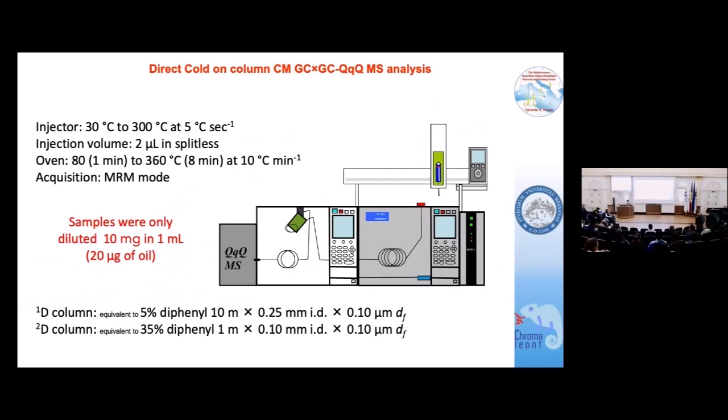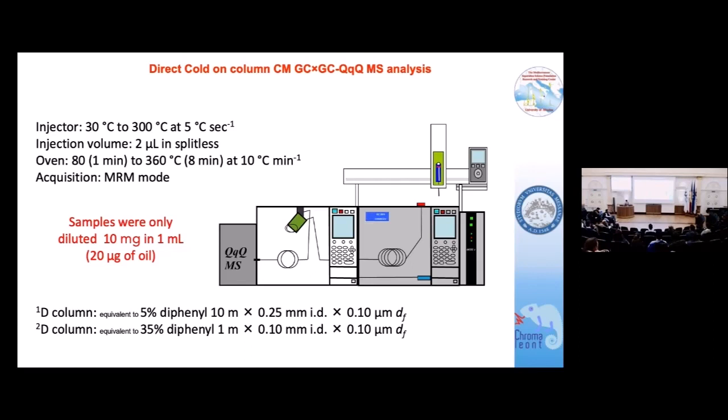Something regarding the analytical approach, starting from the injection side. Injection is probably one of the most important things using this kind of approach. We decided to use a direct column injection using an empty liner in order to avoid any carryover, because packing inside the liner, if you inject at high temperature, can cause the degradation of triglycerides and so cause very high carryover.